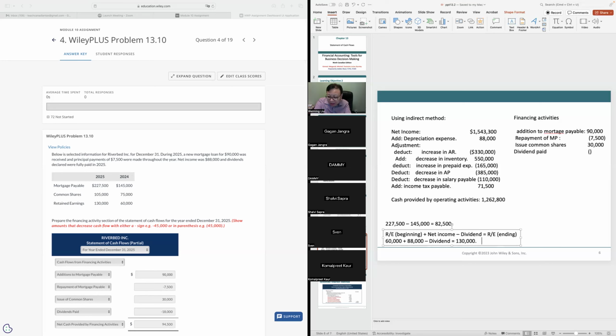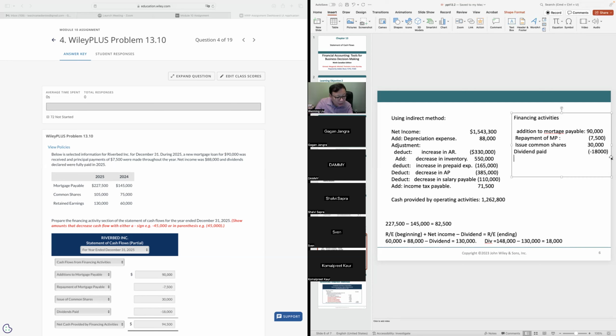So I can solve my dividend: 148,000 minus 130,000 equals 18,000. So my dividend paid, it's fully paid, is 18,000.